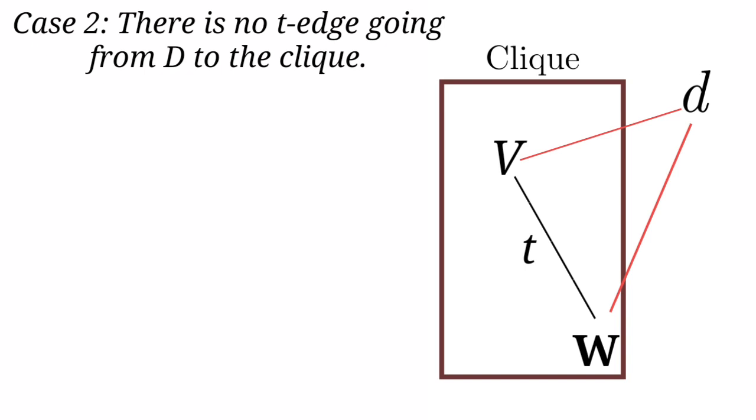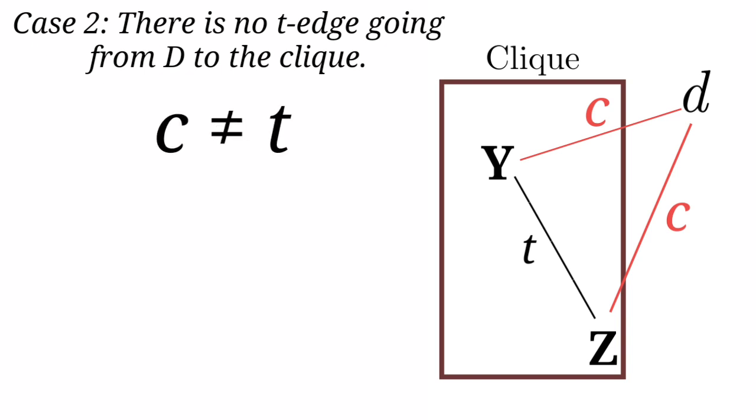Then notice that as there are infinitely many numbers on this monochromatic clique, and D has finitely many divisors, there is at least a color C that will repeat itself two times. And by the supposition that we made about the colors of the edges from D, the color C is different from T, because we are supposing that there's no color T going out from D to an element of the clique.